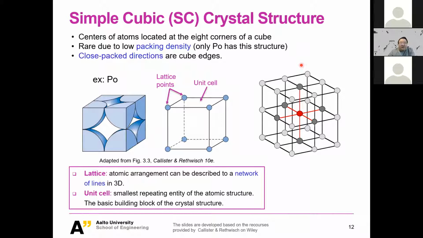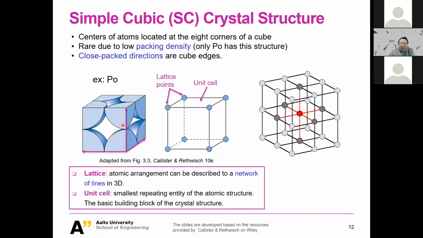The next feature about this simple cubic crystal is that we're trying to locate the close packing directions. This is important because we want to know how the atoms are packed. And for this one, it's rather easy, as I showed you by this animation. I showed you 3 here, but actually you can draw many, but they're just repeating each other.